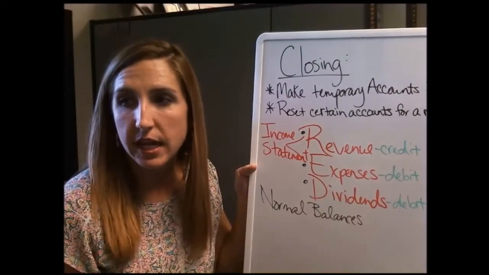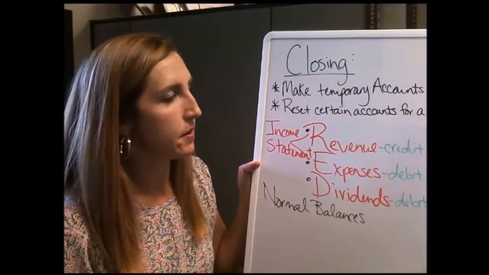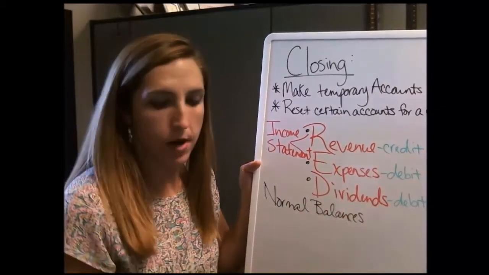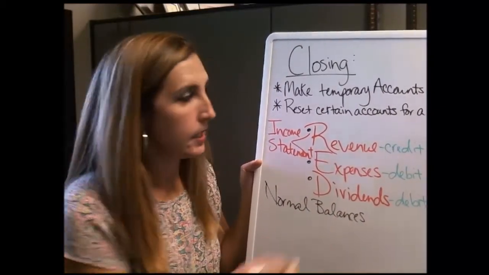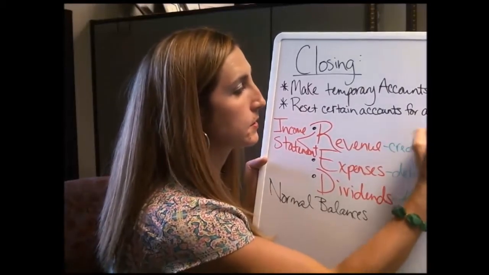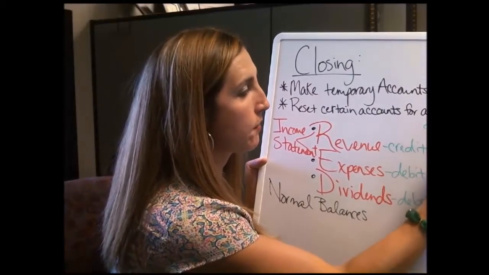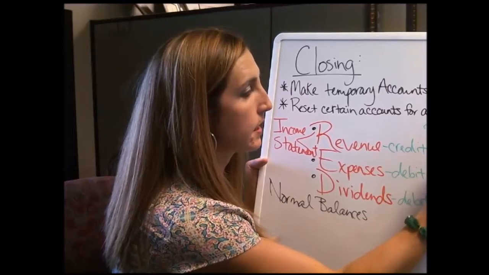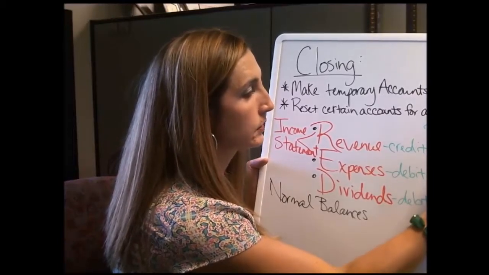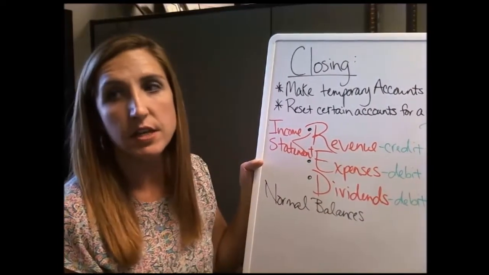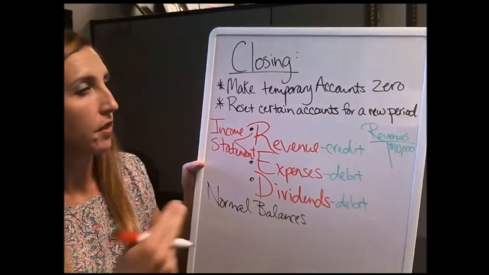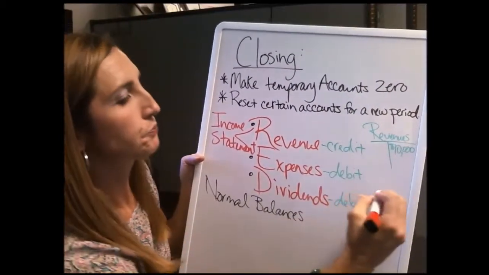So think of it like a T account. If there was anything in those accounts, revenues would have a balance on the right side, let's say $10,000, and the expenses and the dividends would have a balance on the left side, on the debit account side.